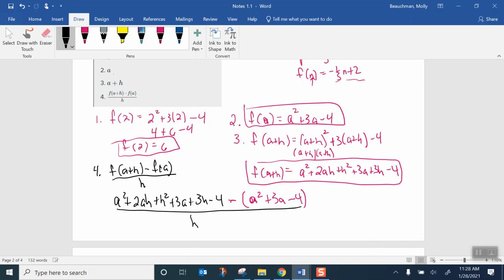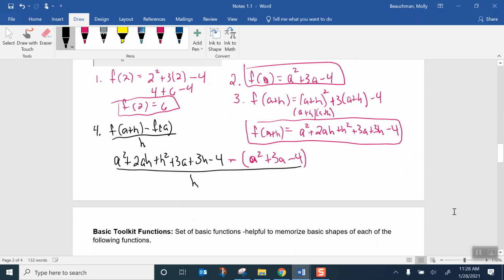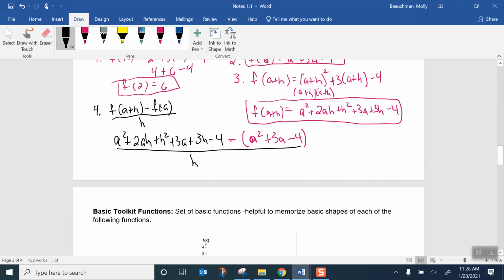So now what we want to do is just some algebra, simplify. When you multiply through by a negative, very important, all of your values in here, expressions, are going to change sign. So I'm going to keep this a squared plus 2ah, my f of a plus h.